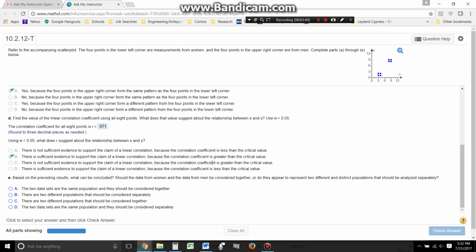Based on the preceding results, what can be concluded? Should the data from women and the data from men be considered together, or do they appear to represent two different distinct populations that should be analyzed separately? Okay? Well, you can see here that if I run females, I got a 0 correlation. If I ran males, I got a 0 correlation.